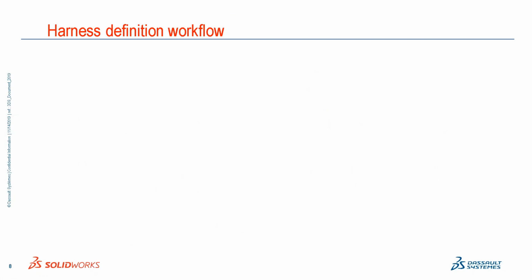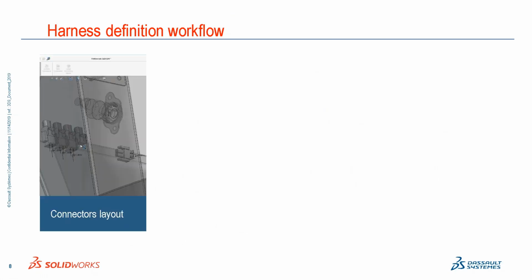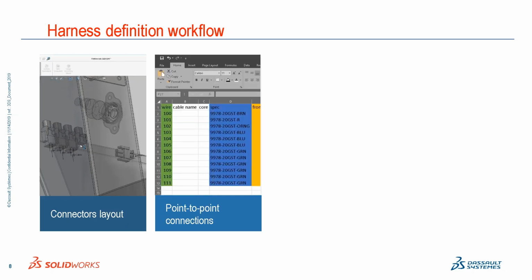So what we're going to take a look today is how to create a harness, and I mentioned that a moment ago. We're going first for placing the connectors, then define the connections between those connectors, and for that I'm going to use an Excel spreadsheet. We think that the Excel spreadsheet is a very easy way to customize any information.